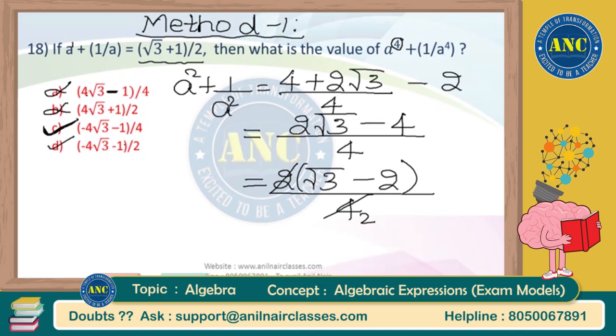Why not option D? Because in the question, if you observe carefully, they are giving it as divided by 2, right? Now, this divided by 2 is when the power of a is 1.